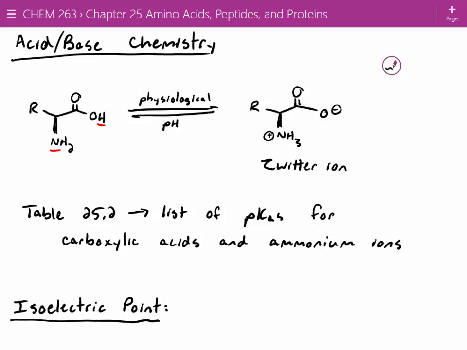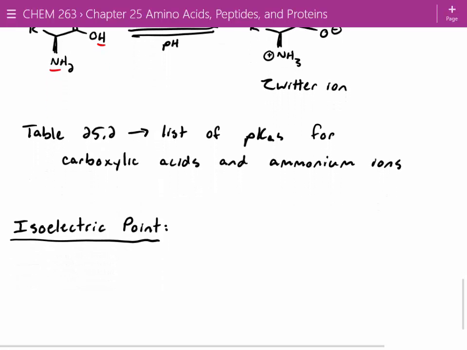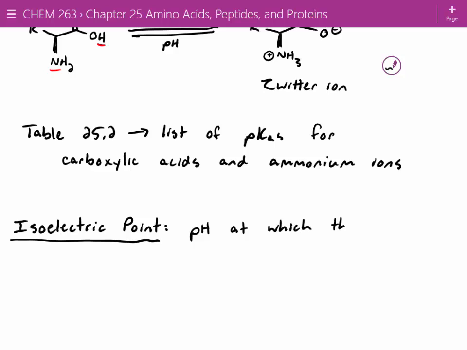The isoelectric point is the pH at which the zwitterion is at its highest concentration.